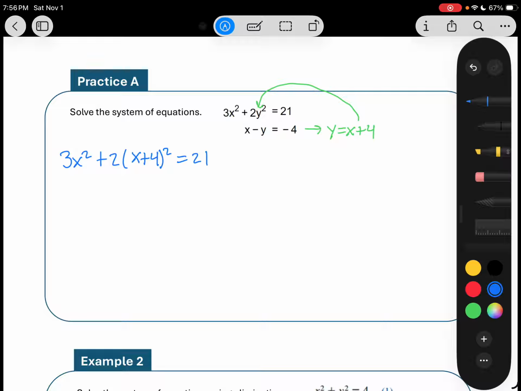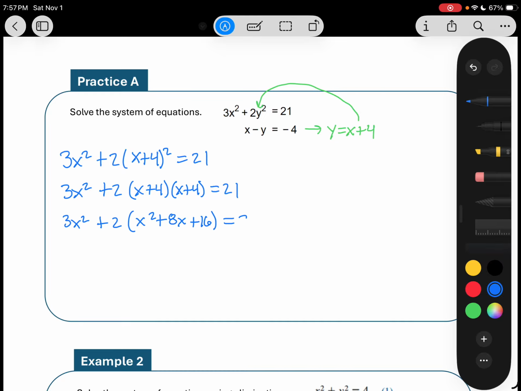And then from there, we're going to need to do some algebra to solve for x. So quite a bit of algebra on this one.